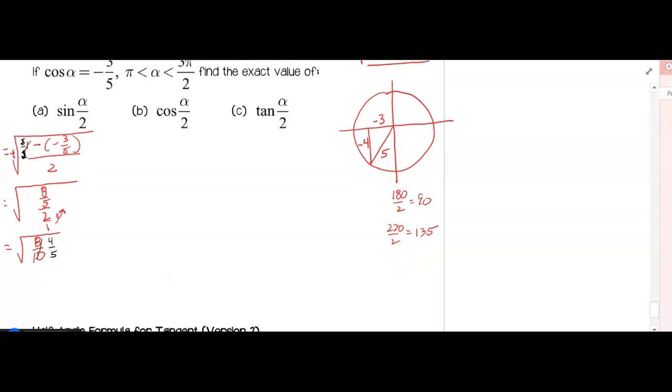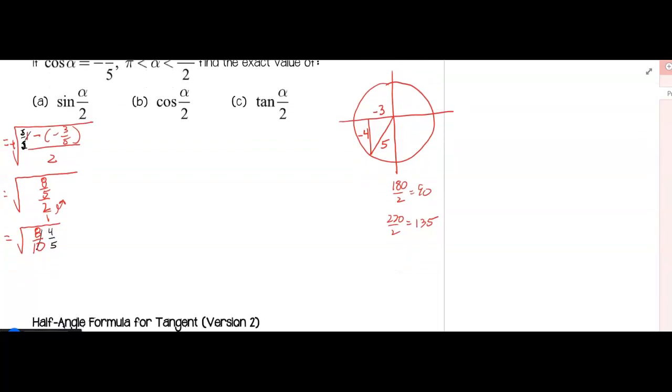So when I rationalize my denominator there, I'm going to multiply by root 5 over root 5. Square root of 4 is 2 on the numerator, so it's going to be 2 root 5 over 5. Again, if I skip some steps there and you want me to fill those in, feel free to ask me in class. Moving on to part B.